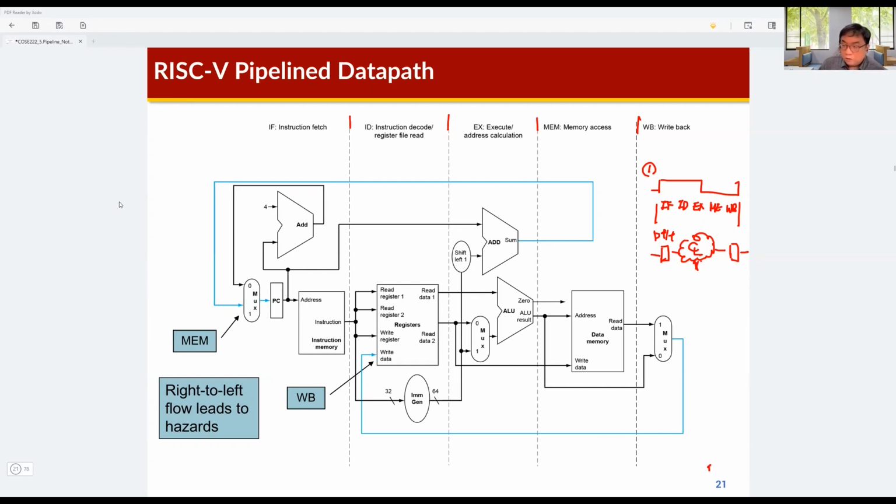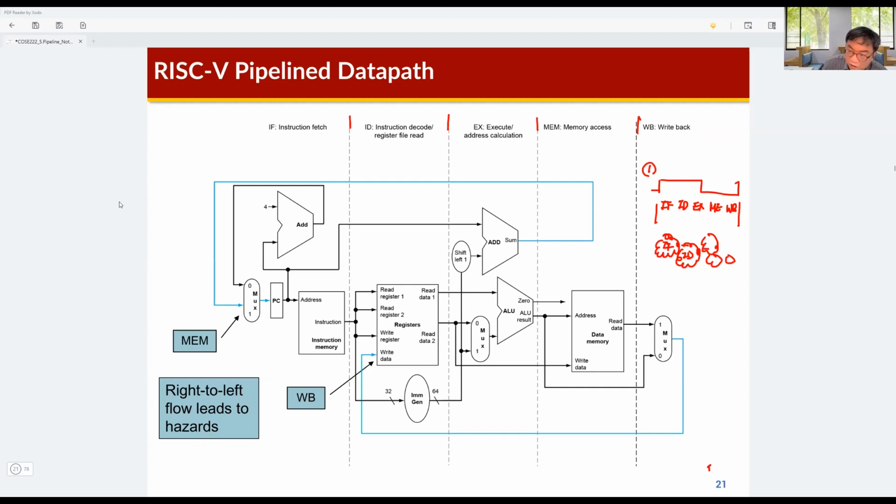If we apply this basic analogy to a single cycle processor design, this is combinational logic for instruction fetch, and another combinational logic for instruction decoding, execution, memory, and write back.